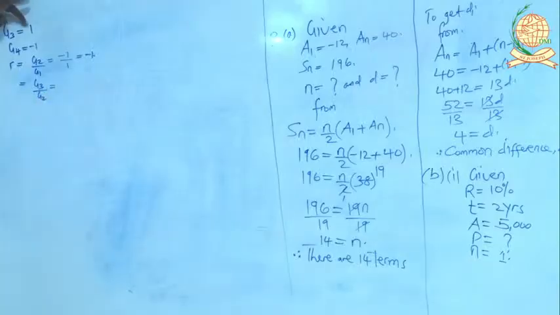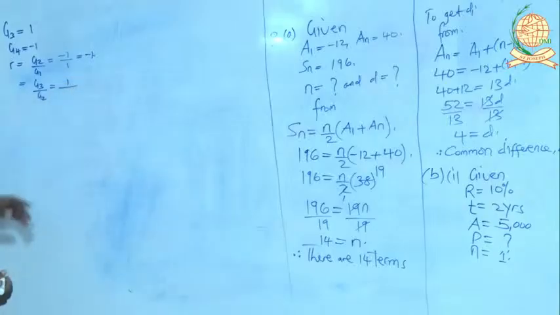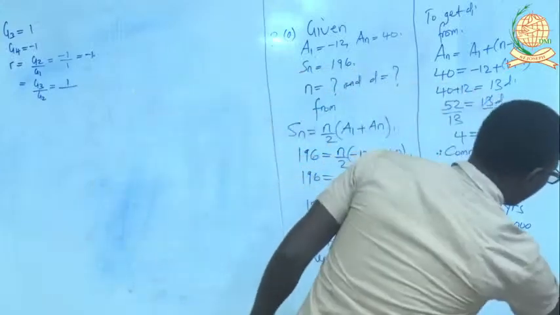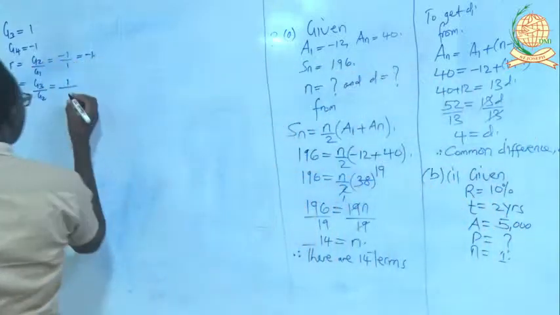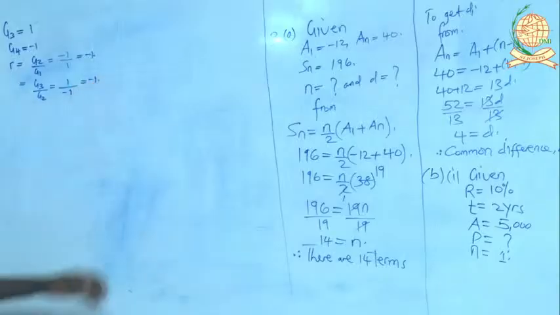G3 is positive 1, divided by G2, which is negative 1. Now this is a geometric progression, and R is equal to negative 1.